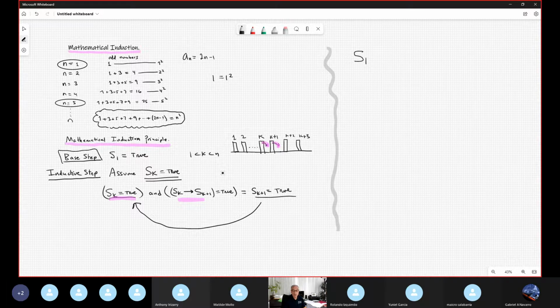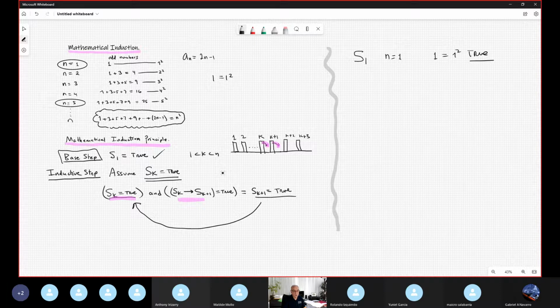In this case, n equals 1. The formula I need to prove is that the sum equals n squared. So n squared equals 1, and plugging in, it is 1 squared. So 1 equals 1 squared. This is true, and end of the story.